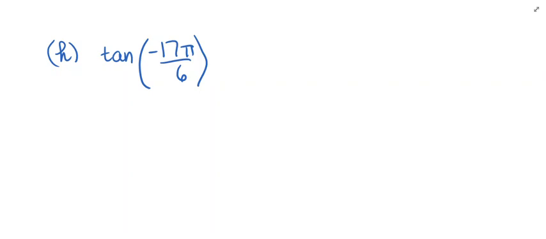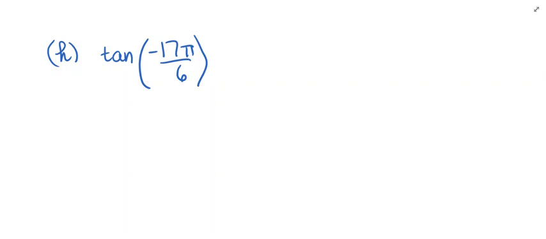Before, when we had a positive angle that was bigger than 2 pi, we subtracted revolutions to get something between 0 and 2 pi. But now that we have something negative, we've got to add increments of 2 pi in radians, or you would add 360 degrees if you were in degrees, to get something coterminal that is between 0 and 2 pi.